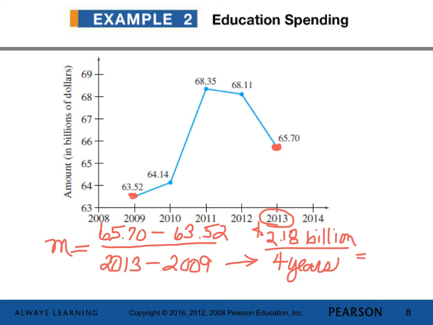So in the span of 4 years, spending increased $2.18 billion, which was an average of $0.545 billion per year.